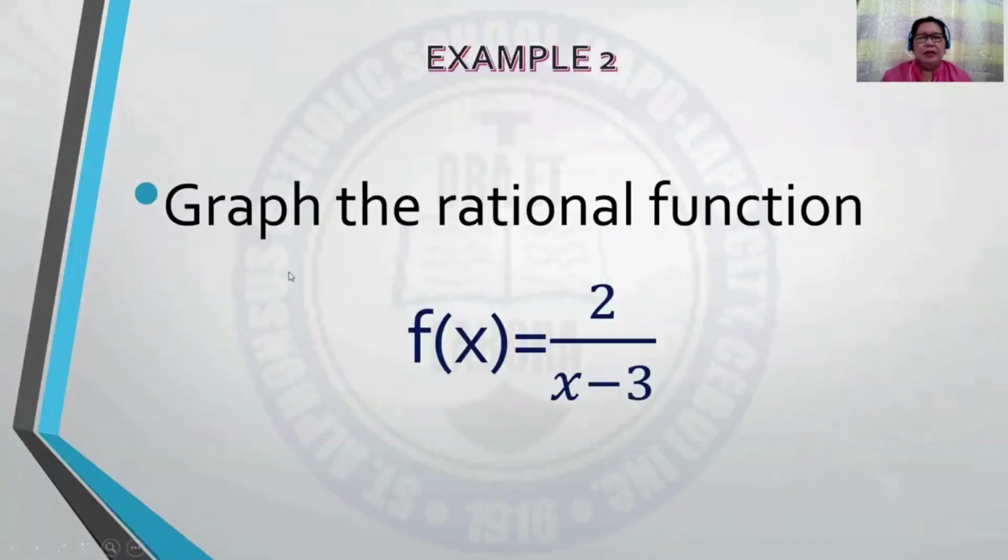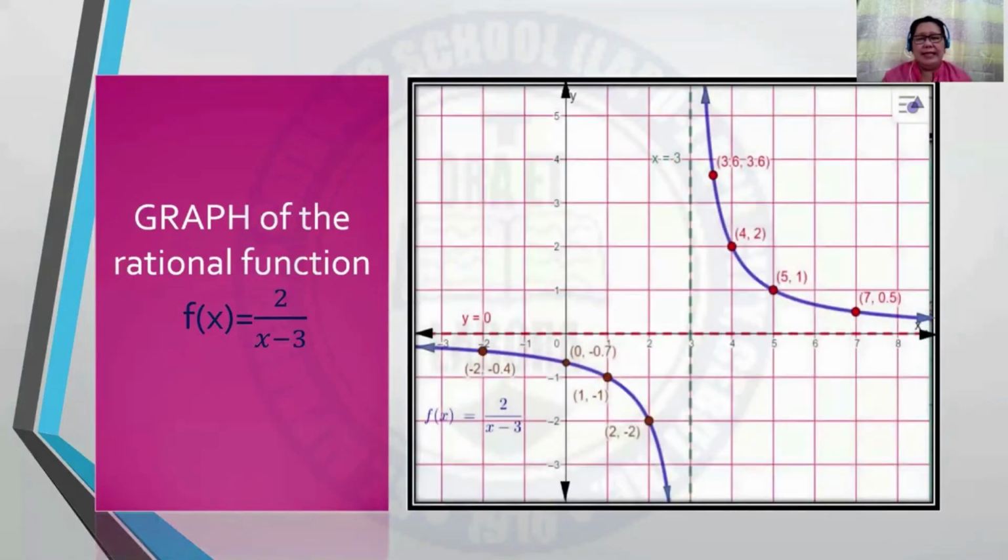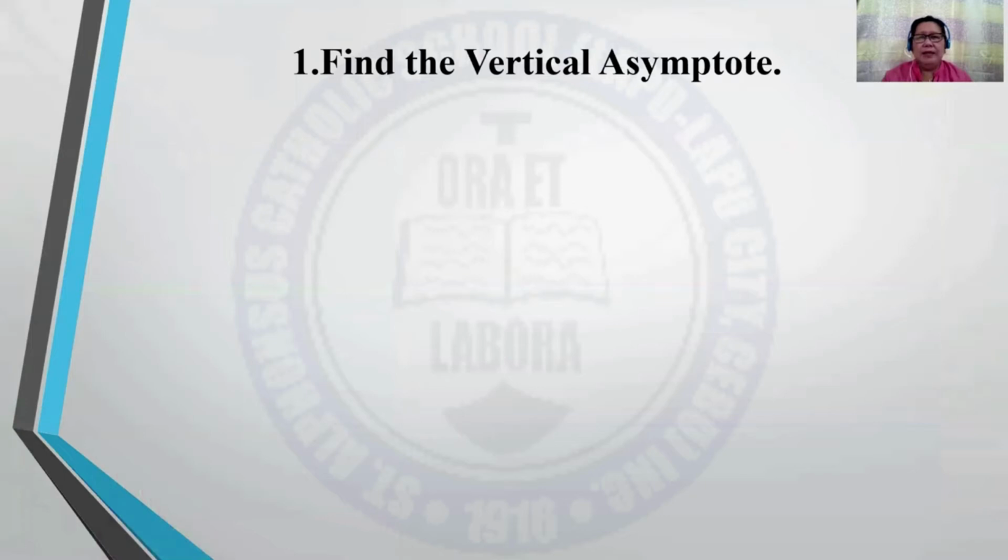Next example, the graph of f of x is equal to 2 over x minus 3. So, the graph of the rational function f of x is equal to 2 over x minus 3 is like this. So, I will show you on how to sketch the graph. First, find the vertical asymptote.